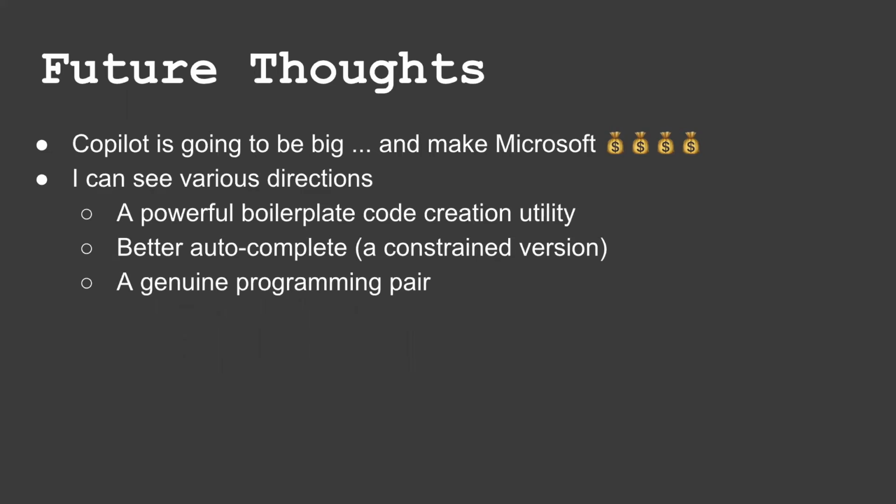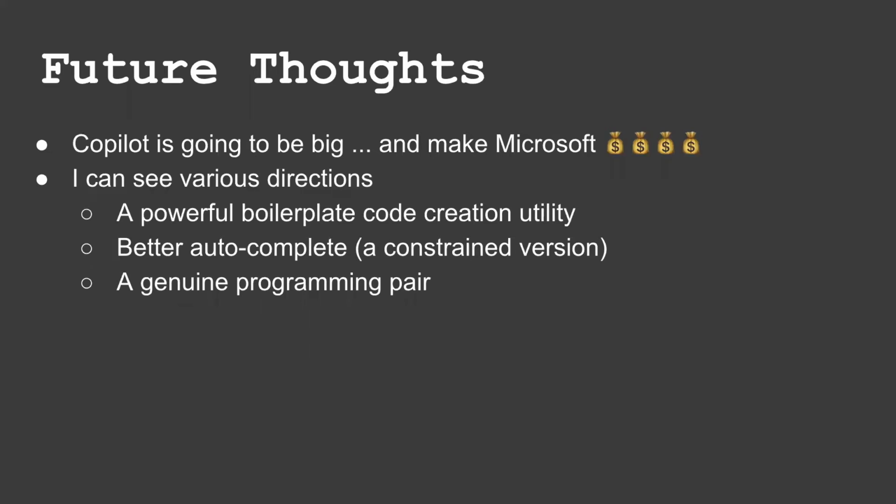There are already loads of pre-existing boilerplates within GitHub. There are tools for creating boilerplate code. There's plenty of them. Copilot is actually really quite good at creating bespoke boilerplates. I think that's something that they should focus on as one application of this technology.